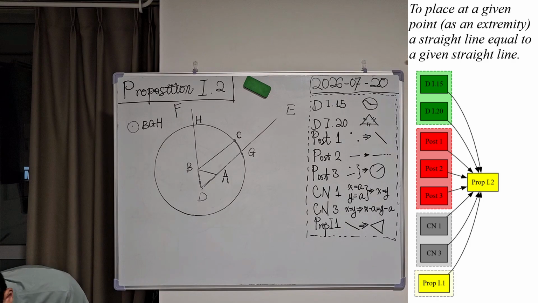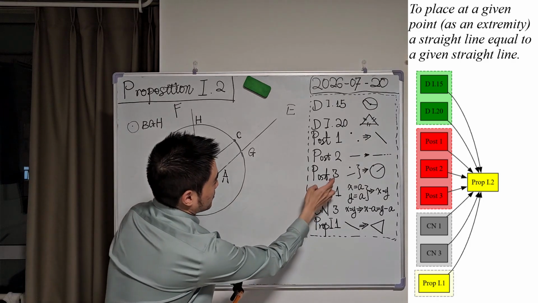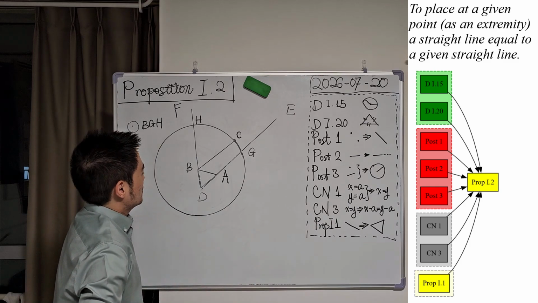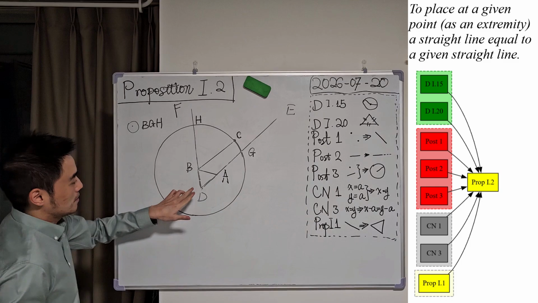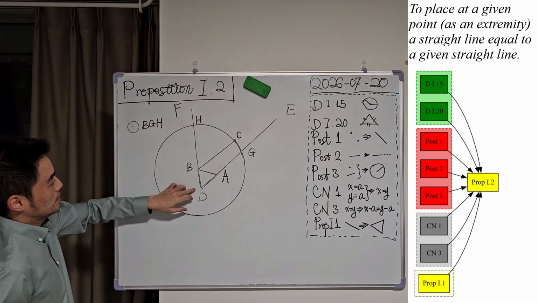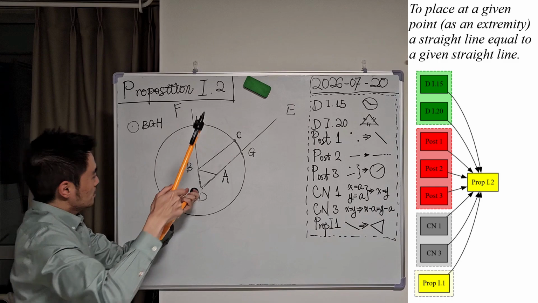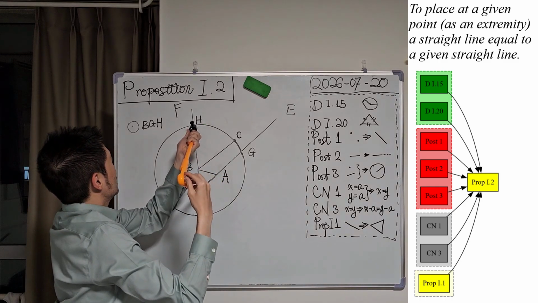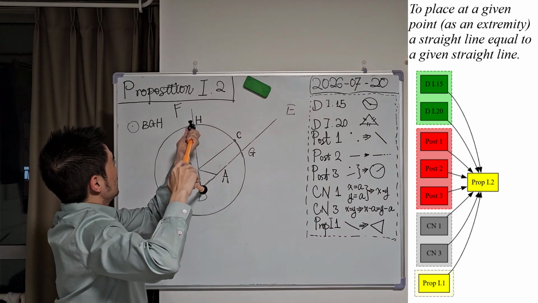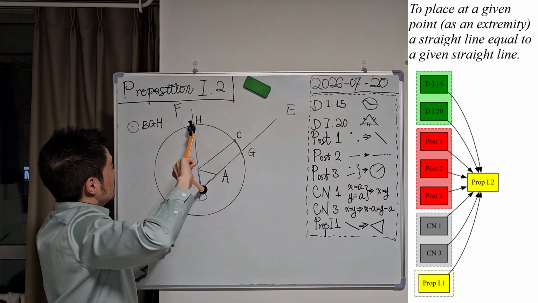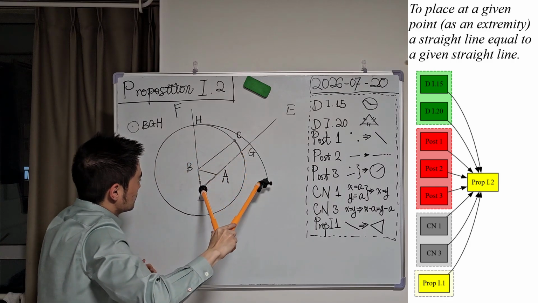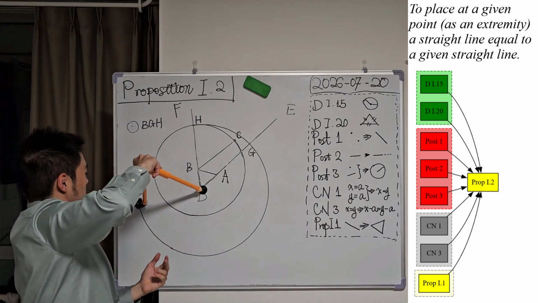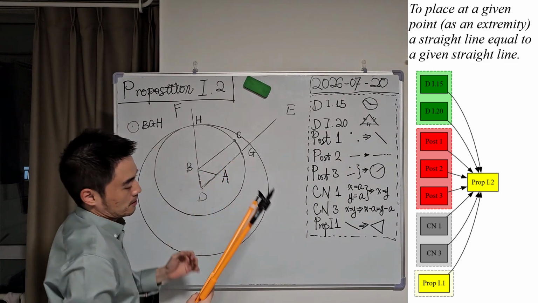And then similarly, still postulate 3, we can construct another circle. The center would be D and the radius would be DH. Great.